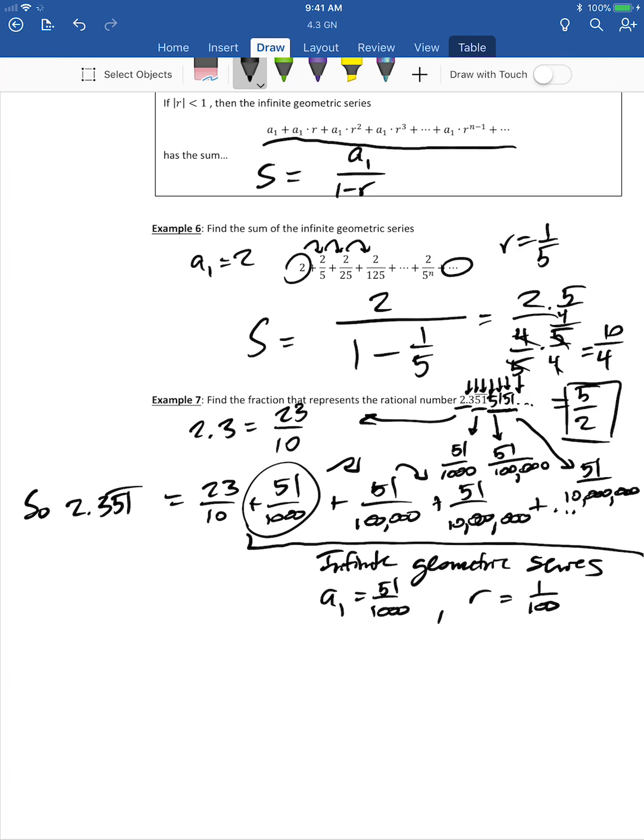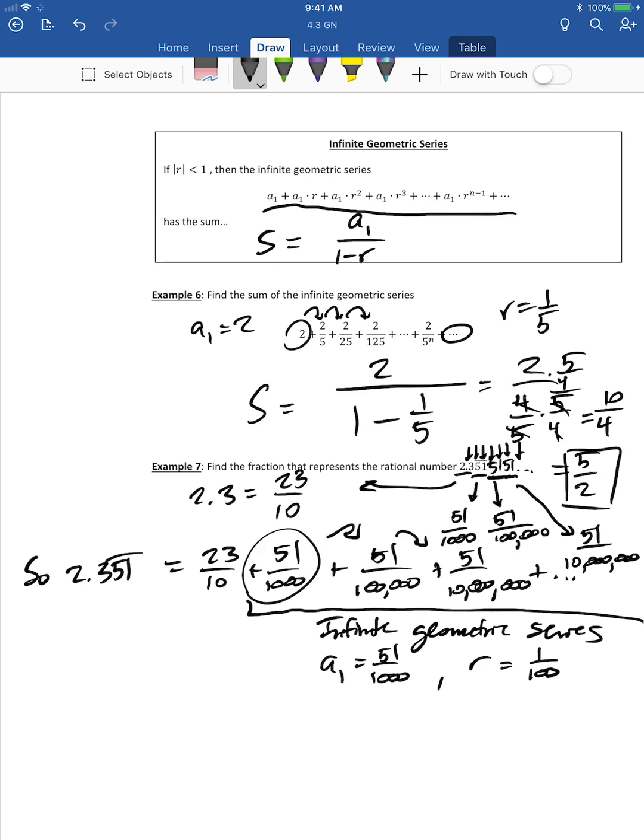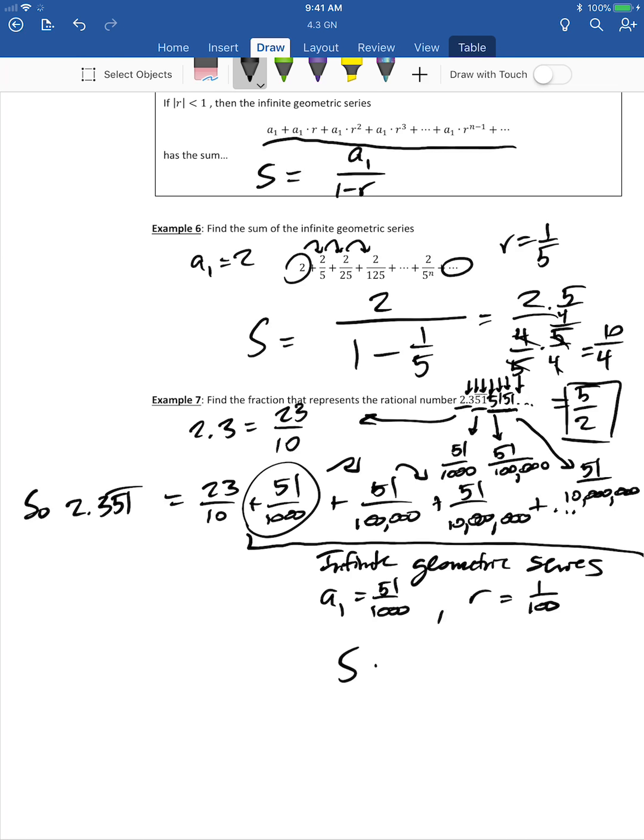So that means the sum of that entire infinite geometric series, by my formula, is my first term over 1 minus r. 51 over 1,000 over 99 over 100. Flip the fractions and multiply. This is 51 over 990. So everything after that 23 over 10 sums to 51 over 990.